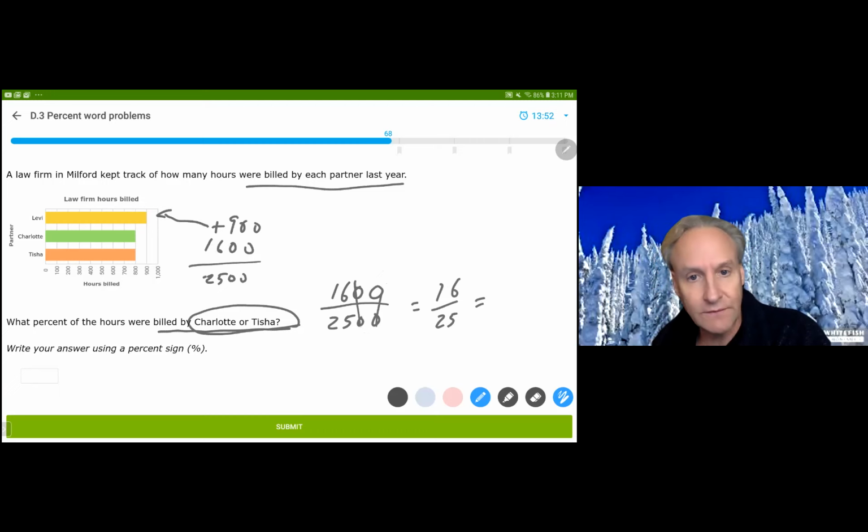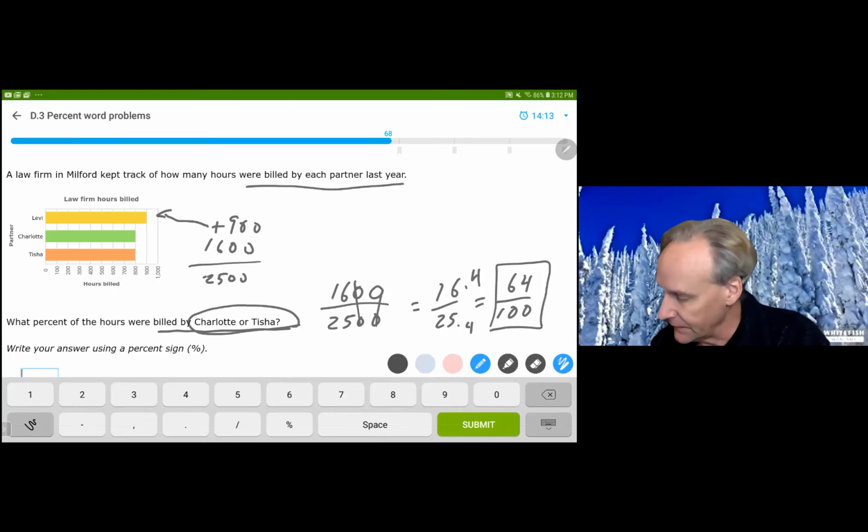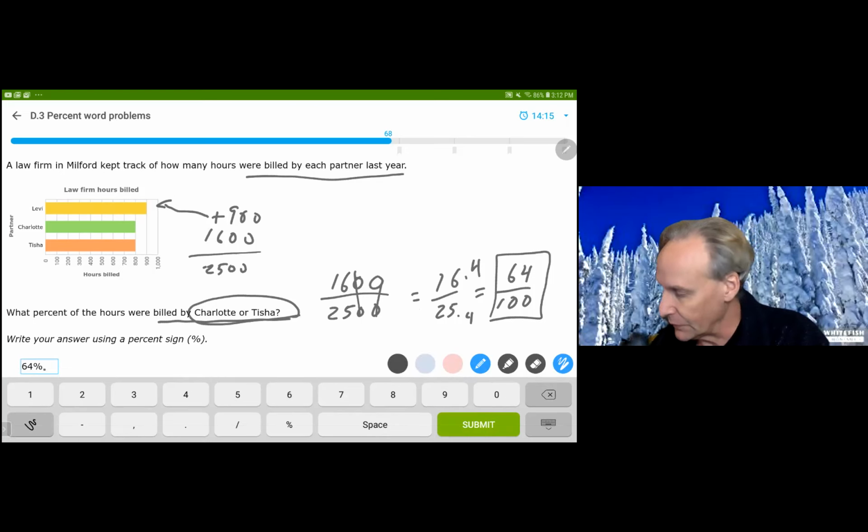And I love 25ths because all I have to do is change them to hundredths by multiplying by 4. And hopefully you know 16 times 4 is 64. That is 64%. A lot of you are going to grab your calculator, and I think it's a bad idea in most cases. I know in my silly example, I didn't quite get it, but there you have it, 64%.